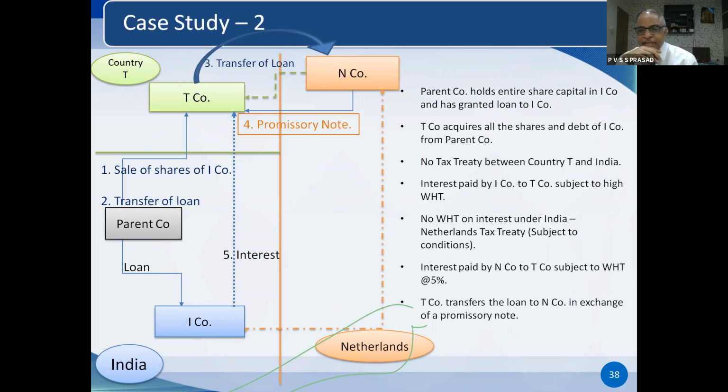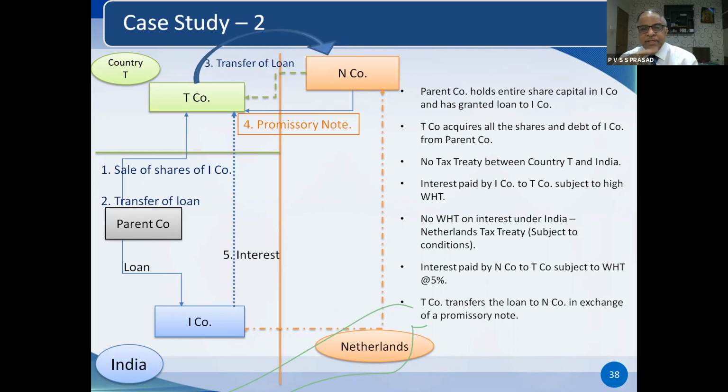And coming to the second case study, it is a peculiar case where a parent company has infused its equity into an Indian company, that is, the parent company has a subsidiary in India. The parent company also gave a loan to the Indian company, and interest payment is happening on that loan. The parent company holds the entire share capital.